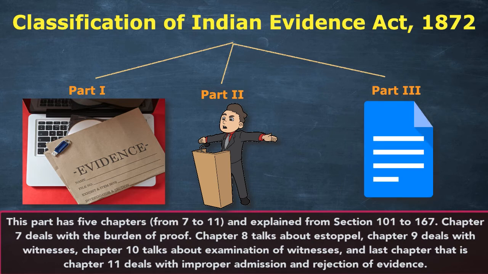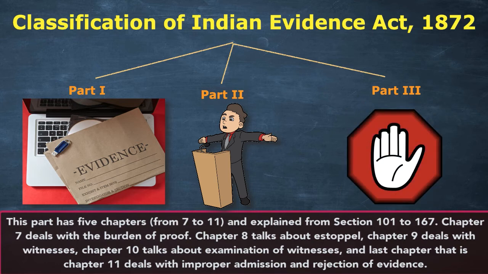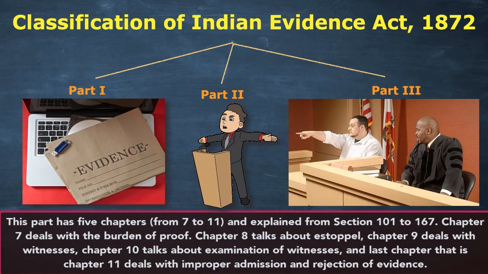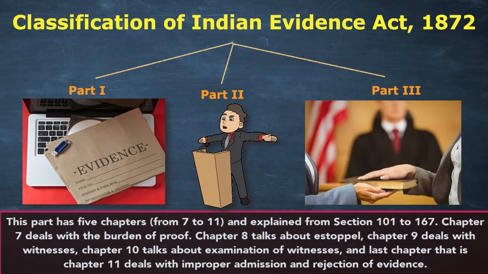Chapter 8 talks about estoppel. Chapter 9 deals with witnesses. Chapter 10 talks about examination of witnesses. And the last chapter, chapter 11, deals with improper admission and rejection of evidence. Okay, so this is all about the Indian Evidence Act in brief.